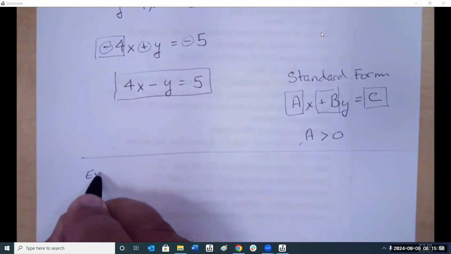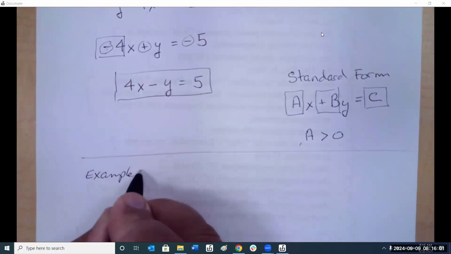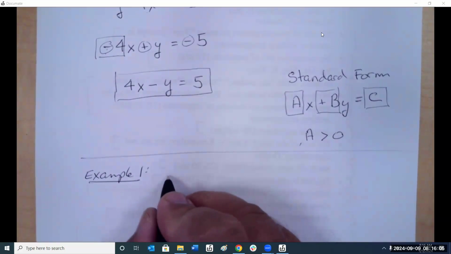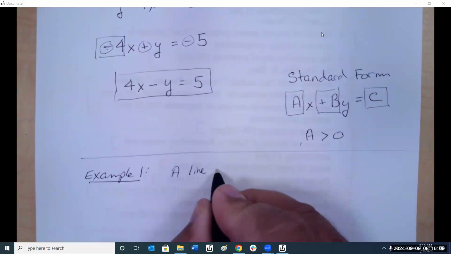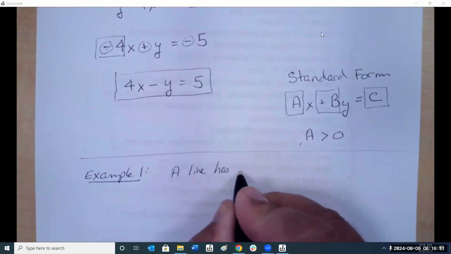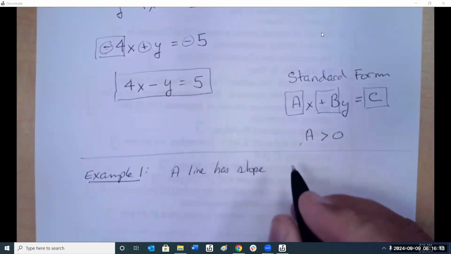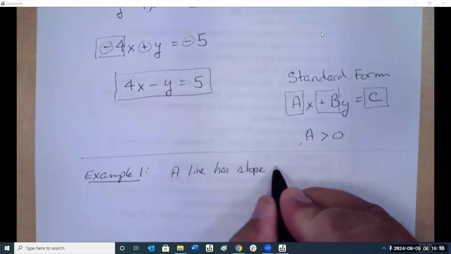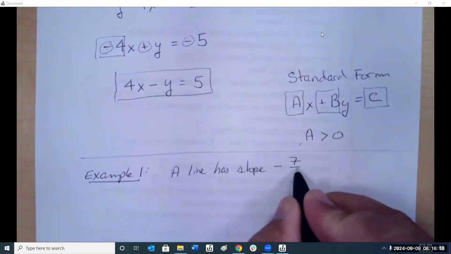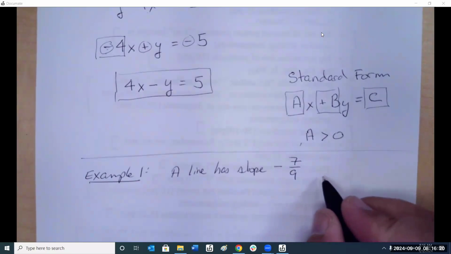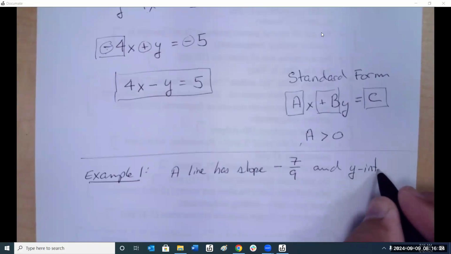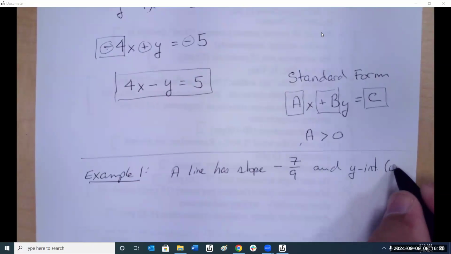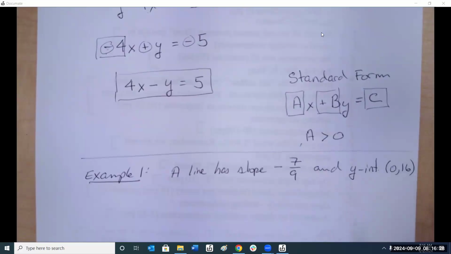All right, let's look at example 1. A line has slope -7/9 and the y-intercept 16.